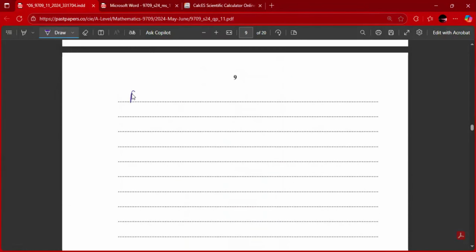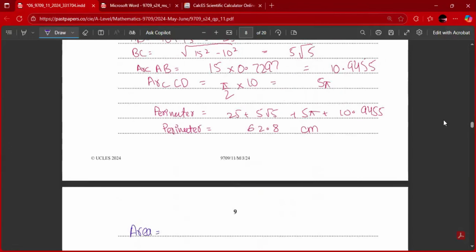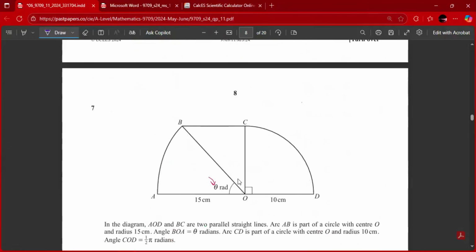Now, this is a very good question. How do we find the area and what do we need? Requirements, again. To find the area of this whole figure, we need to find the area of this sector and this triangle.